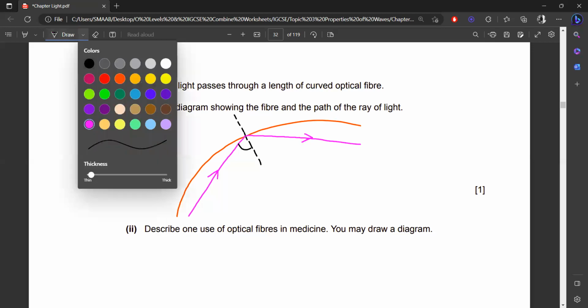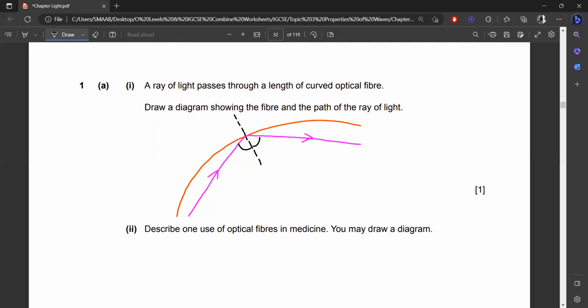In this diagram, see that both angles are the same, and this is the diagram for optical fiber. Now complete the remaining part, right? So this is the diagram for optical fiber.